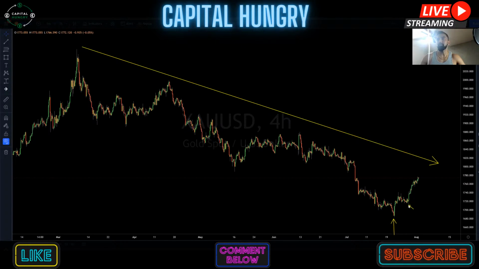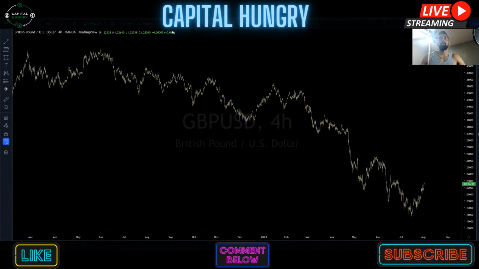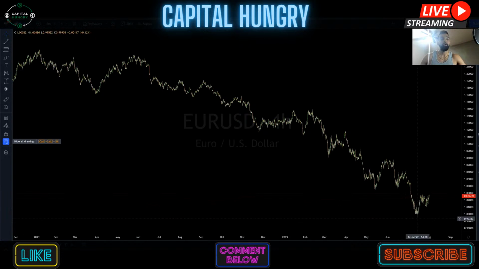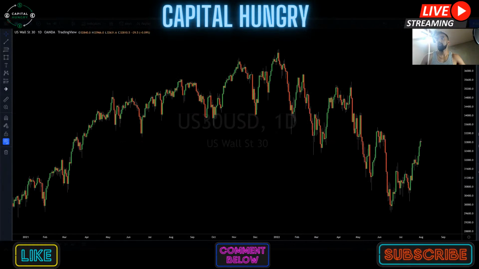We had the expected FOMC, we have worsening US economic data. Now you can see from the lows, gold is pulling back. From the lows, GBPUSD is pulling back. From the lows, EURUSD is in pullback structure. And from the lows, we have a bear market rally on equity markets here.